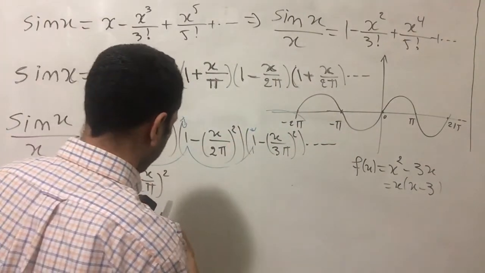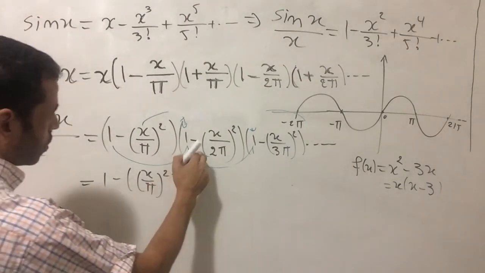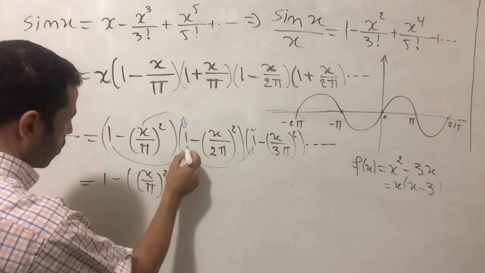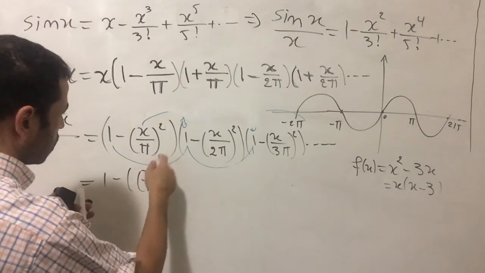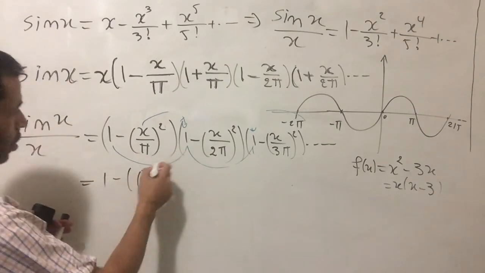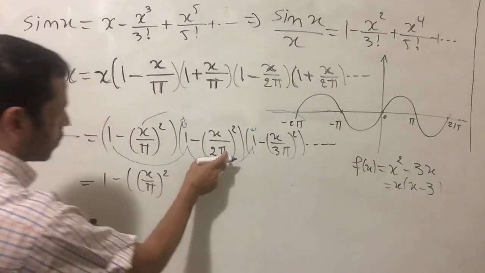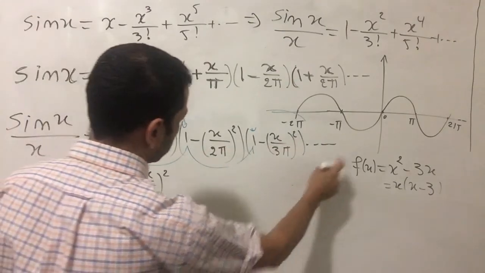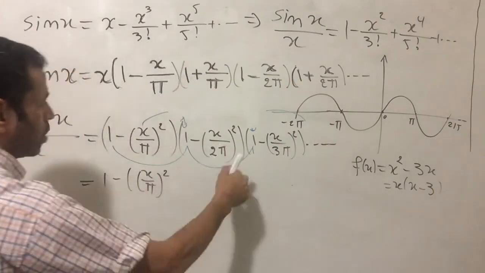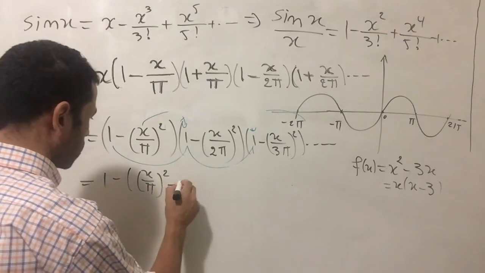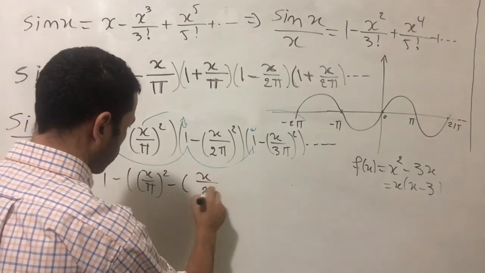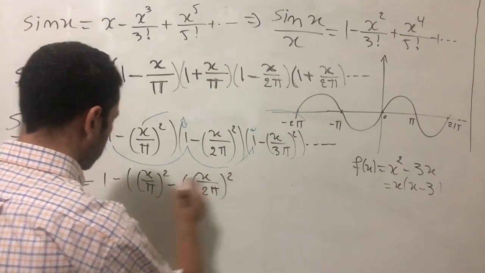Also, if I multiply this one by 1, I finish with the 1. I'm going to multiply the second one by 1 all the way down. It's giving you minus x over 2 pi squared.